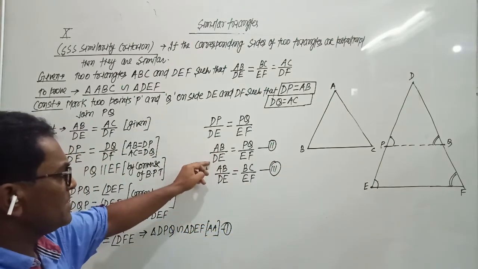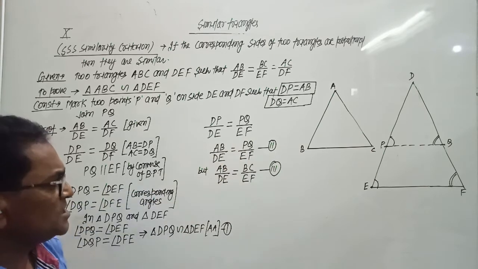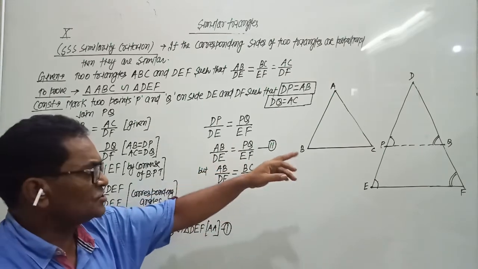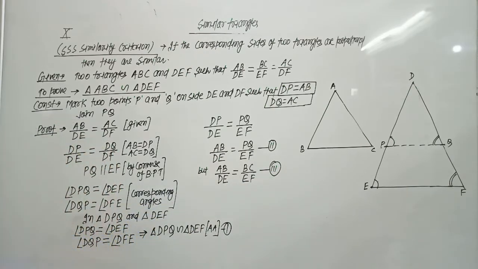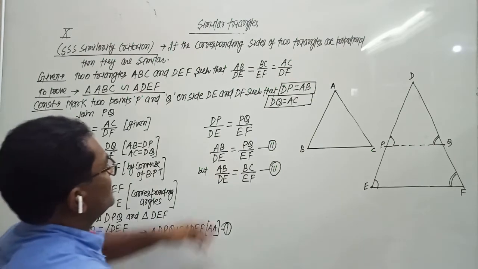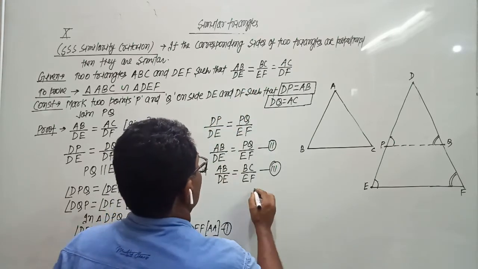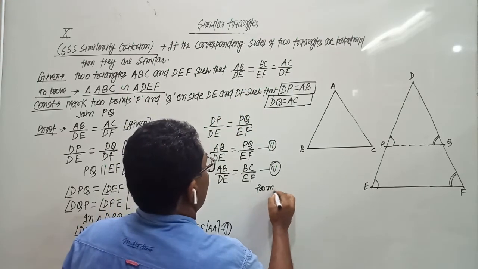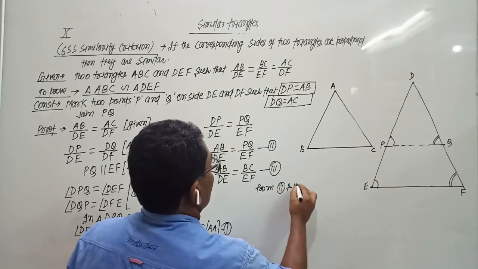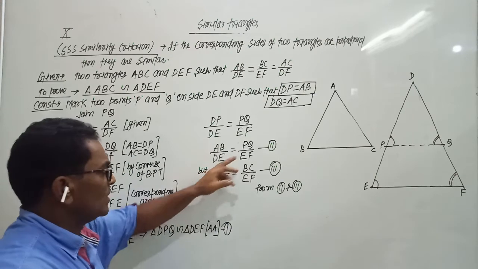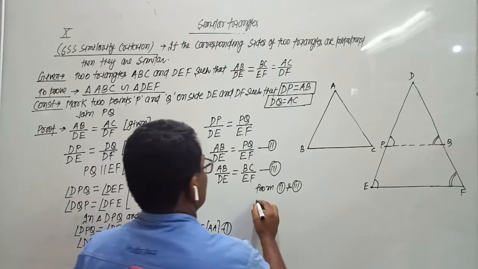This we have written: AB upon DE equals PQ upon EF, because triangle DPQ is similar to triangle DEF, so their sides are in proportion. And this is given: AB upon DE equals BC upon EF. So from second and third, LHS of both the equations are equal, so we can equate RHS.